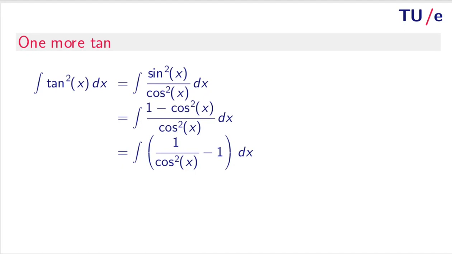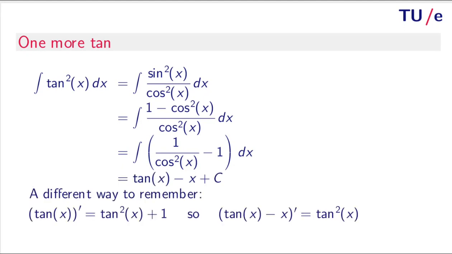This is equal to the integral of 1 divided by cosine squared of x minus 1 dx, and 1 over cosine squared has an antiderivative, tangent of x. 1 has an antiderivative of x, so we find tangent x minus x plus the integration constant c.